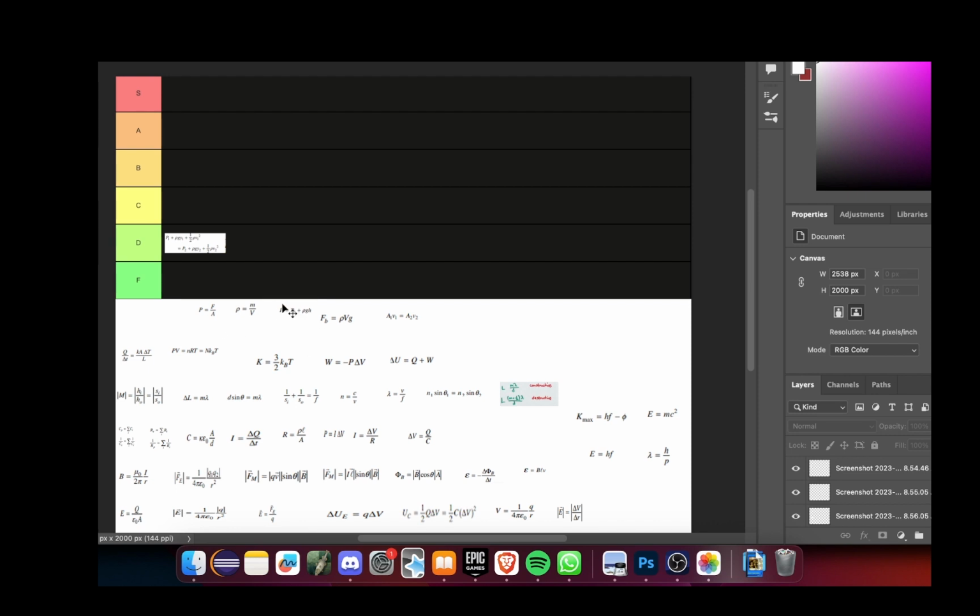Any that you want to talk about first? I think continuity of flow, which is A1 V1 equals A2 V2, needs to be on an A or an S tier. Really? Just because it's a really easy concept.